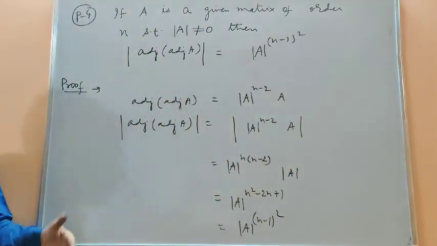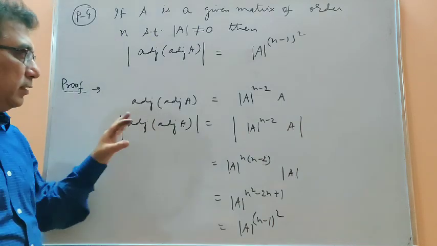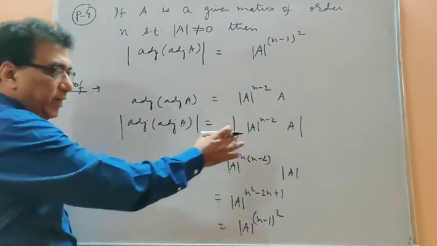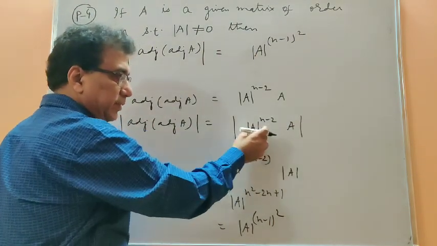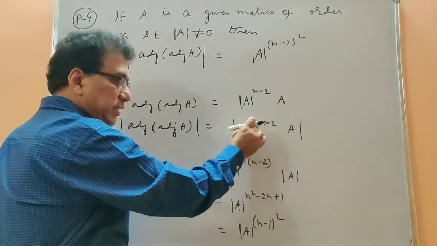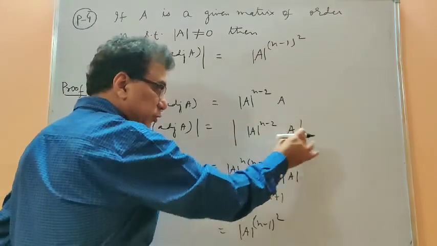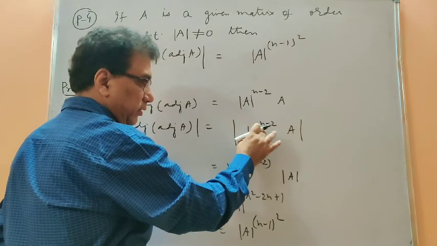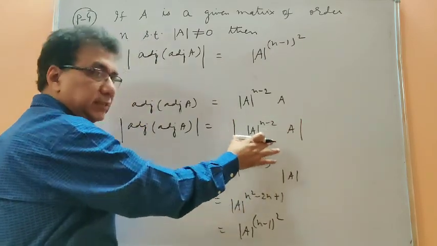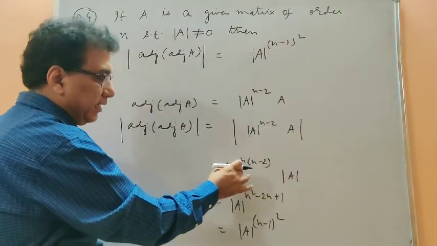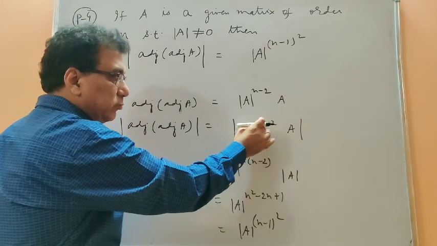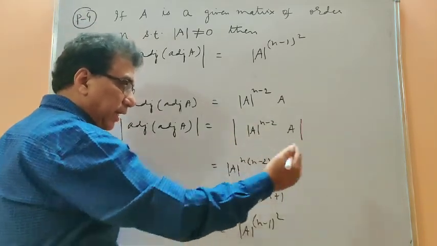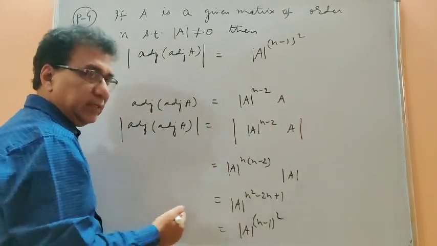When two matrices are equal, their determinants are also equal. Now what we find here is that a matrix has been multiplied by this element. So this element is present in each row or in each column. So when we take the determinant, we will be taking determinant A to the power n minus 2 common n times, because it is present in each row.